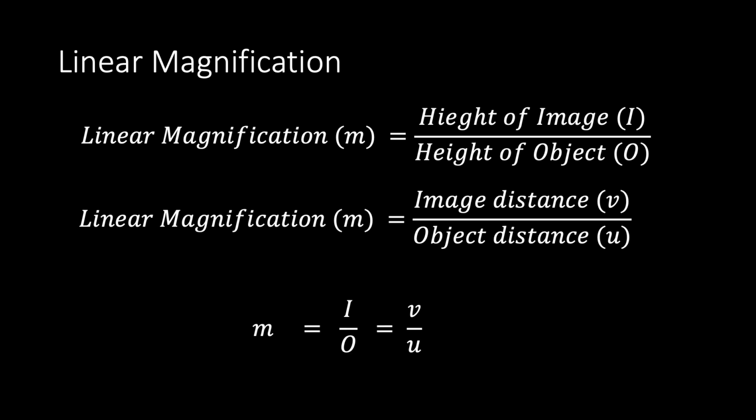M is equal to I divided by O. Sometimes it is written as HI divided by HO. It is equal to V divided by U, which is the image distance divided by object distance. If M is negative, the image is real and inverted. If M is positive, the image is virtual and erect.